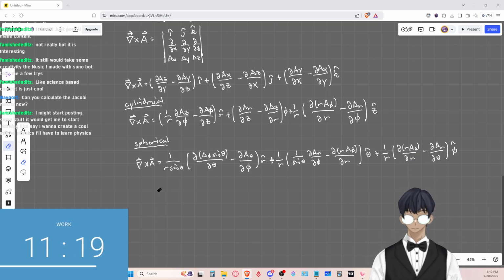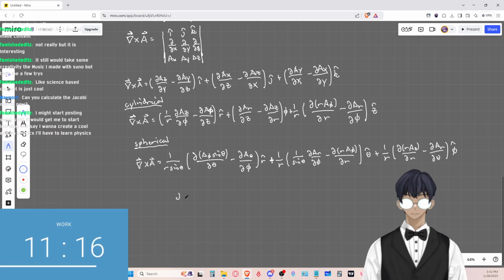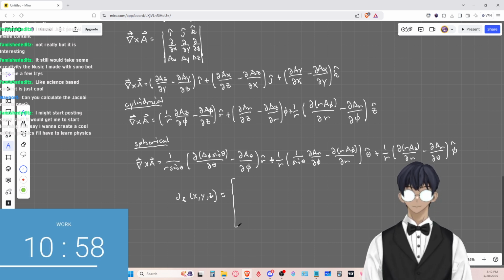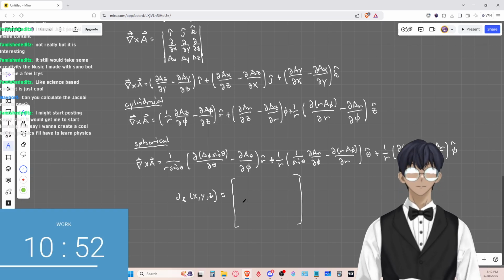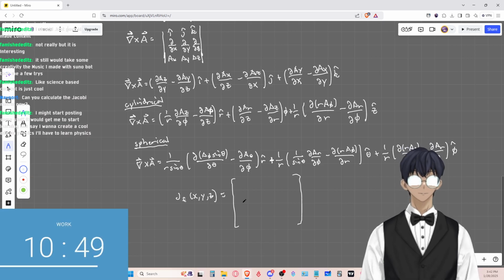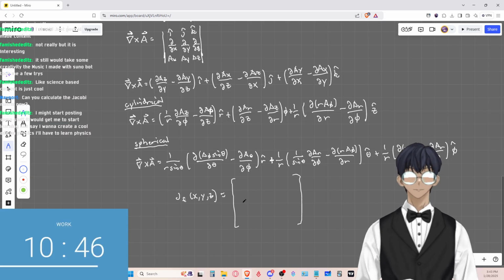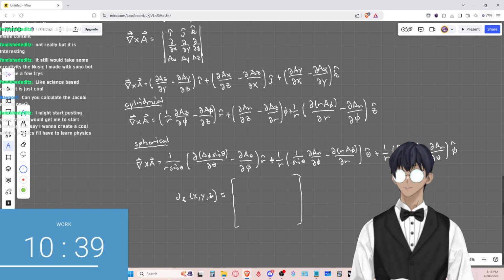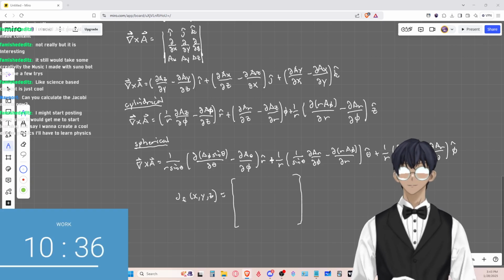So the way the Jacobian looks, in this case it will probably be Z. Trying to see how to set this up actually.